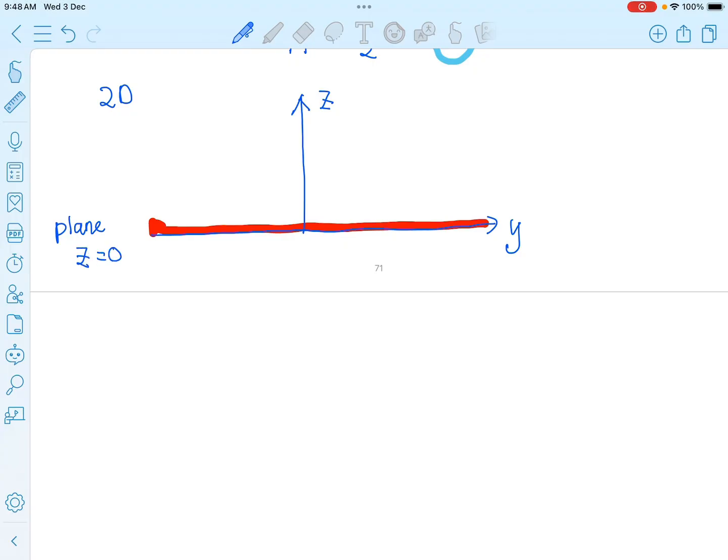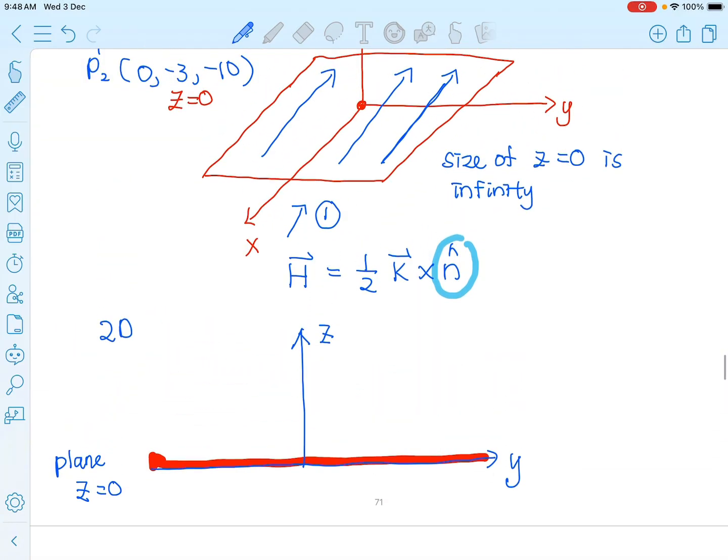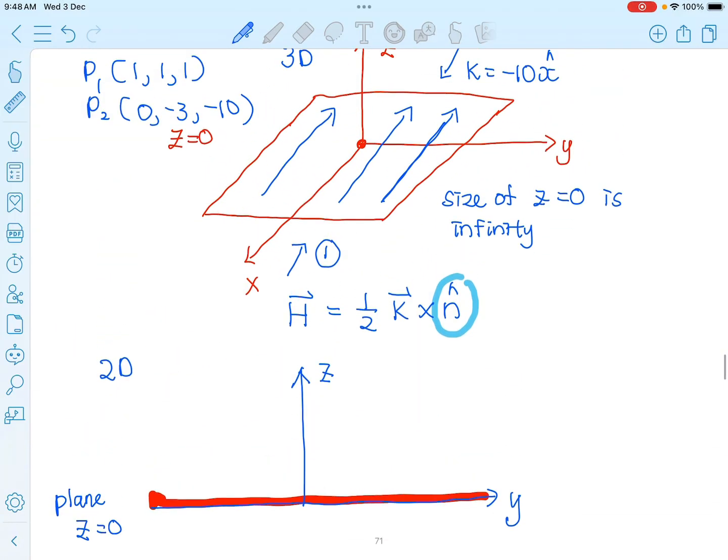Very clear, right? Next, we are going to draw our current density. Where is our current density? This is our current density, this and also this, and we are going to draw them in our 2D diagram.